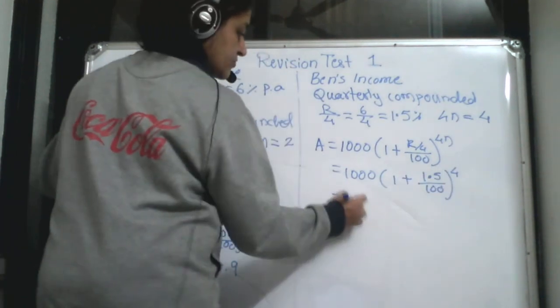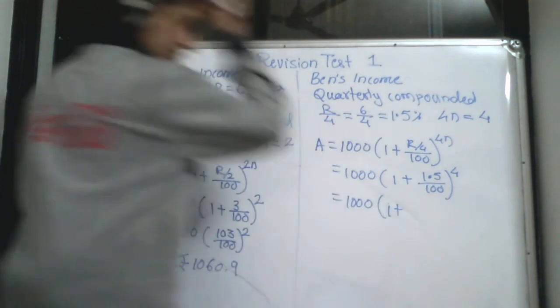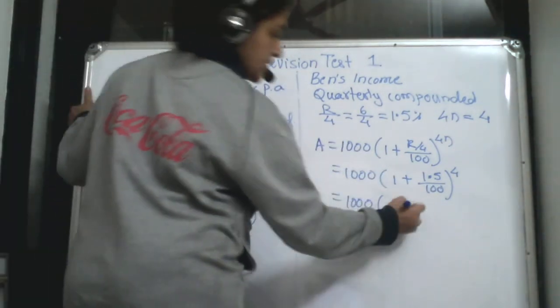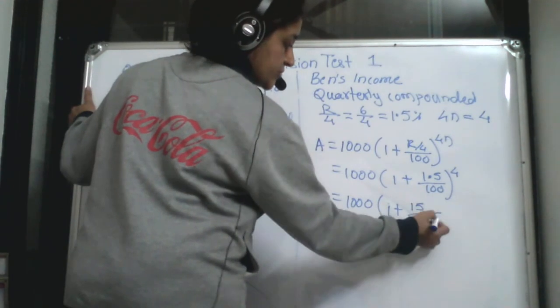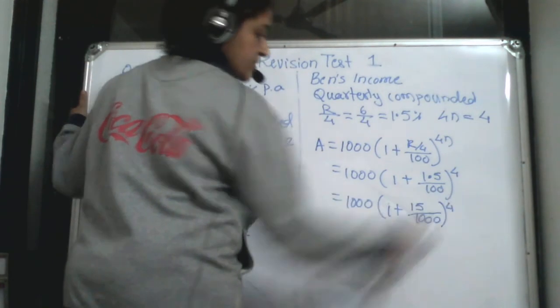Now this can be simplified further as 1 plus, now this 1.5 can be written as 15 upon 10. So if you write 15 upon 10, one more 0 should be added in the denominator, it becomes 4.